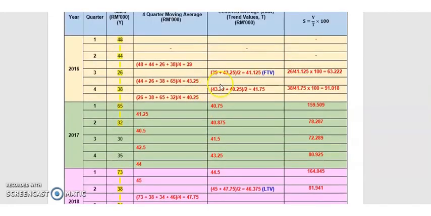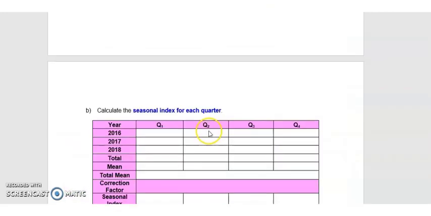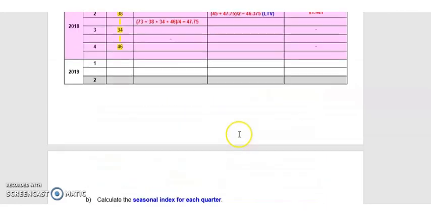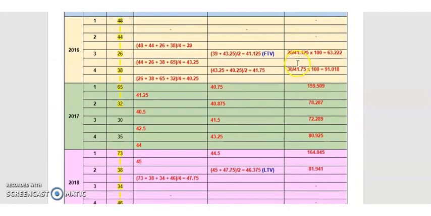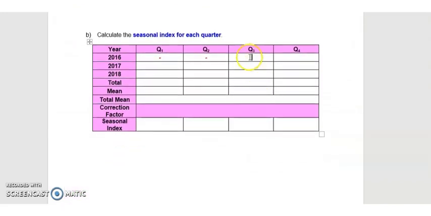Okay, put the values. Look at here. Quarter 1 and quarter 2, there is no value for seasonal variations. So here, you just put dash. So what is the third quarter seasonal variation of 2016? 63.222.